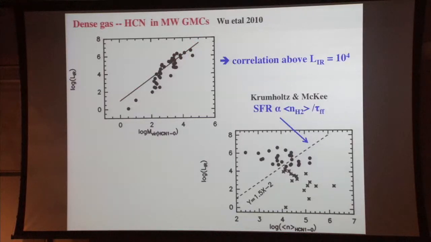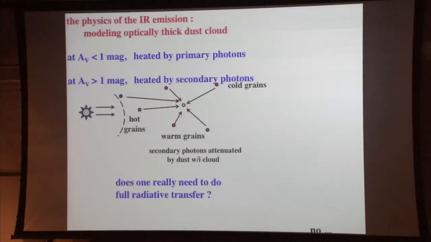When you actually plot the infrared luminosity versus the log of the volume density determined from the HCN, you actually have an anti-correlation with what would be expected from the Krumholz and McKee relation. And it's not really discussed much in this paper, so maybe there should be a little discussion.